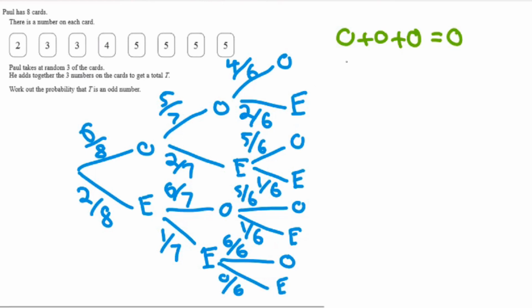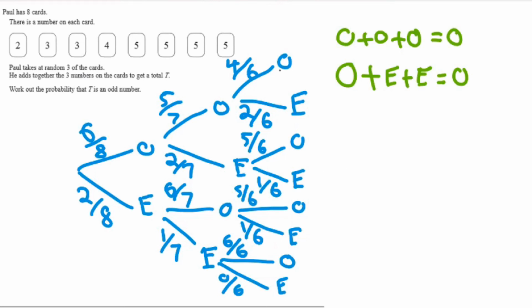Odd, even, even though, again, this can be in any order, just so 1 odd and 2 evens. That's going to give an odd answer, because an even and an even is even, but then add an odd makes it odd. And finally, if it had just been 3 evens, that's obviously going to be even. So these are the 2 ways that we can get an odd answer.